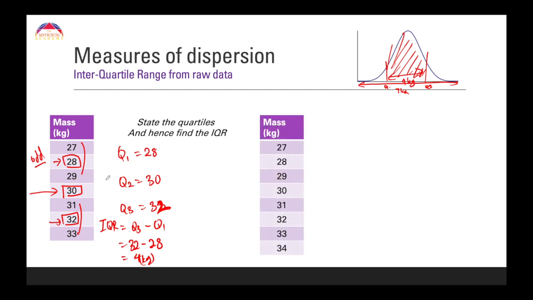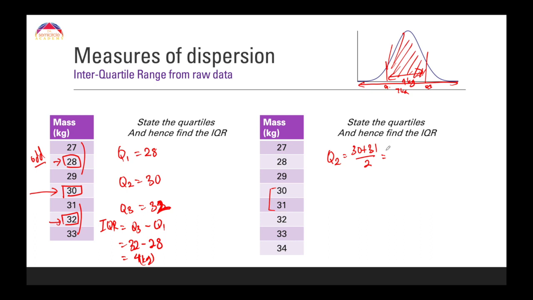But what if we're dealing with an even number of data, an even number of ranks? I have 8 ranks here. When I'm dealing with an even number of data, can anybody remember how I find my median, Q2? 30 plus 31 and divide by 2.